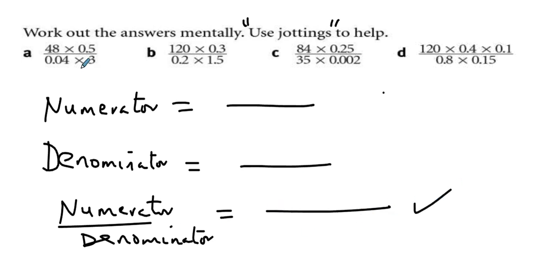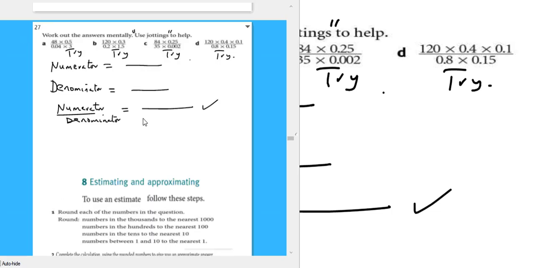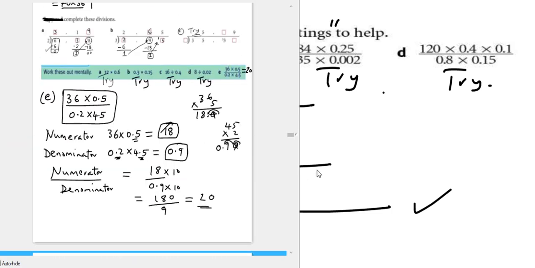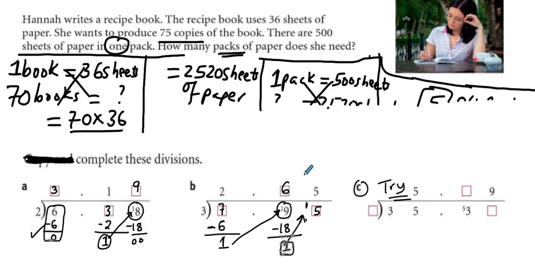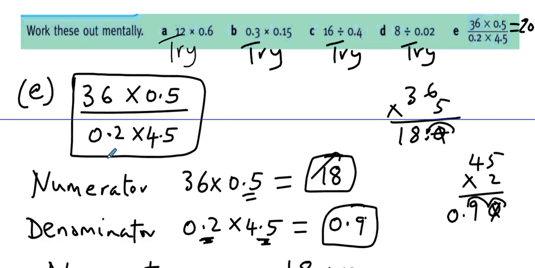I hope you can try this, because I already explained how to do. Try that. If you fail to understand, then you can come back to me, drop them. But jottings means work out the numerator first, work out the denominator first, then combine numerator divided by denominator. The way how I did this question. Can you see this question? I got 20. How?